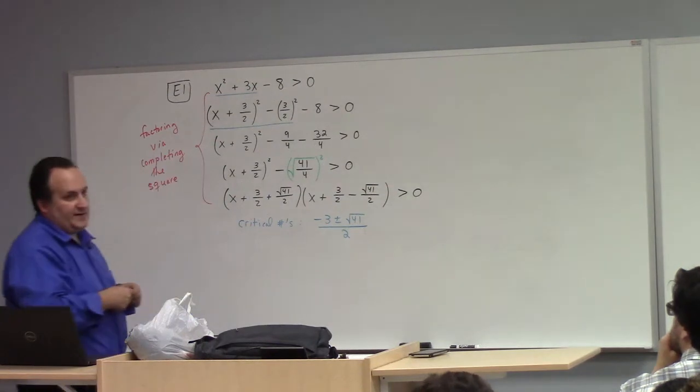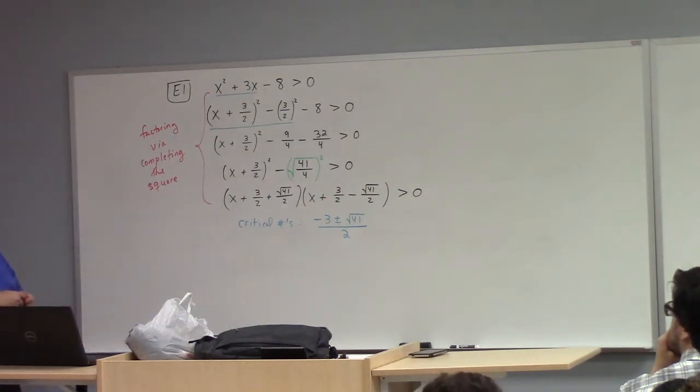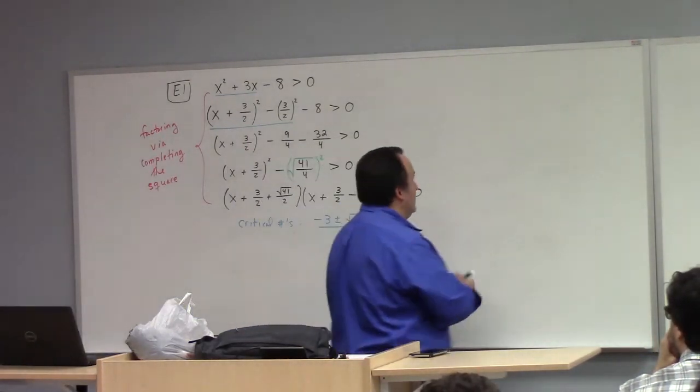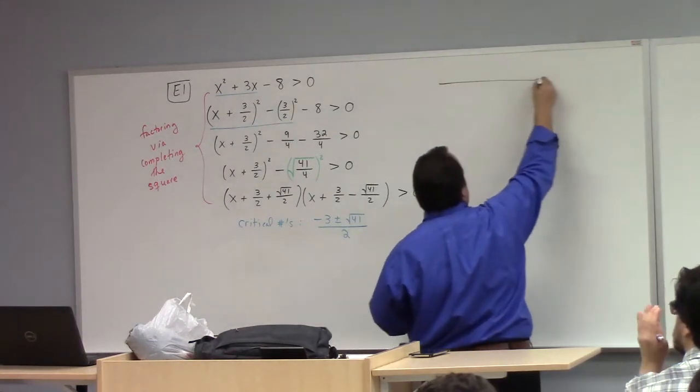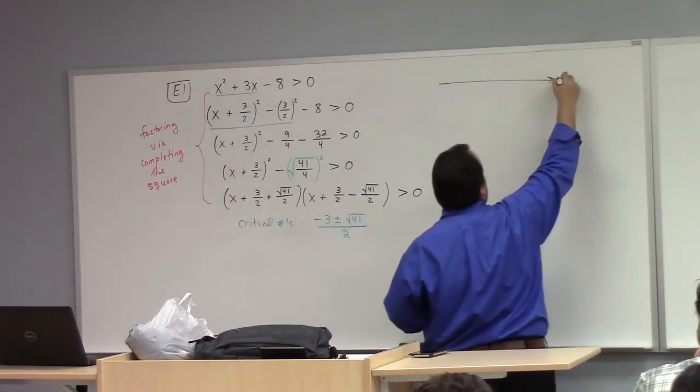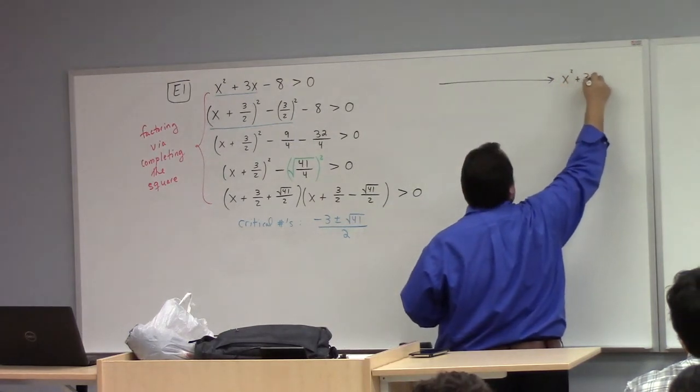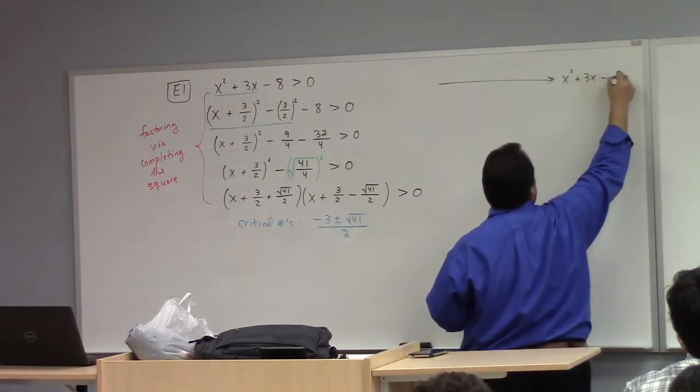So remember we had that 4-step program, the roadmap. We are now at step 1. We've identified the critical numbers. Step 2 was to draw a number line with the critical numbers on it, in order. And one of the things that I didn't do last time, that maybe I should have because it's good practice, is to write the expression which the number line is describing to the right of the number line.